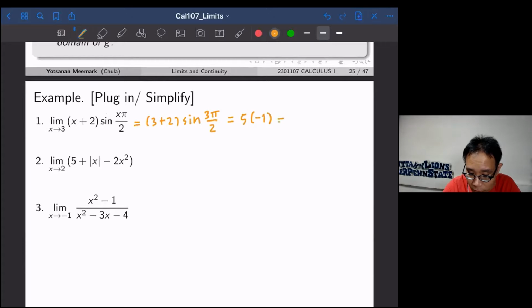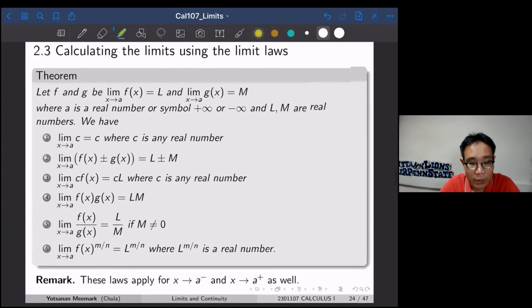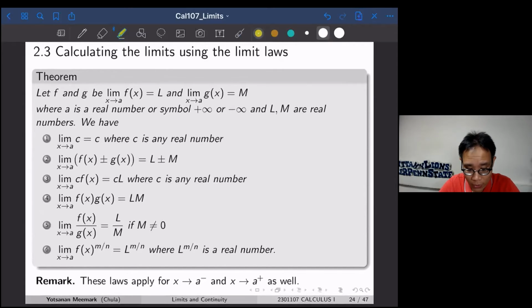So it's going to be 3 minus 2, which gives the value of the limit that you're looking for. This allows you to compute the limit more easily by basically plugging in, using what is called the limit law.